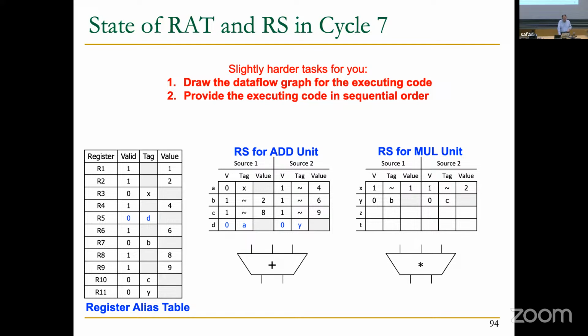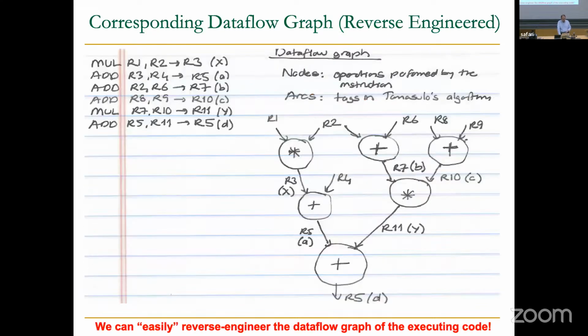But basically from this picture, you can reverse engineer the pipeline, and you can draw this data flow graph, as well as the list of instructions. So this can be a very nice question for the exam, probably. But don't worry, we won't have that many questions about out-of-order execution.